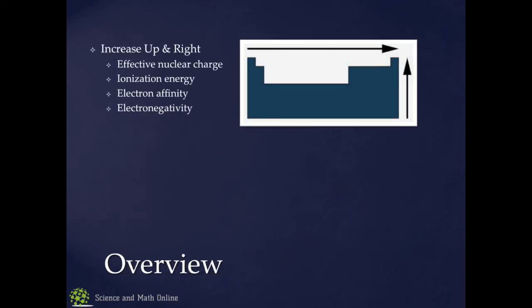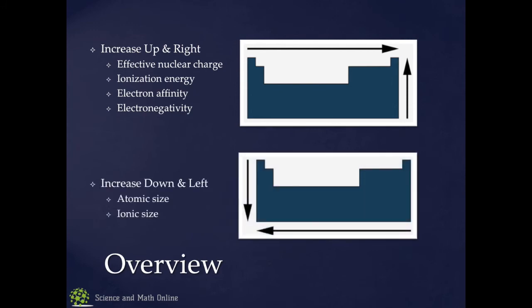All right, overview. Up and to the right, effective nuclear charge. And to me, this is the easiest way to remember this. You can go back and focus on the why. I think the why is important to know. But at the end of the day, this is all you need to know. So, end of the day, ionization energy, electron affinity, electronegativity, and effective nuclear charge increase going up and to the right.